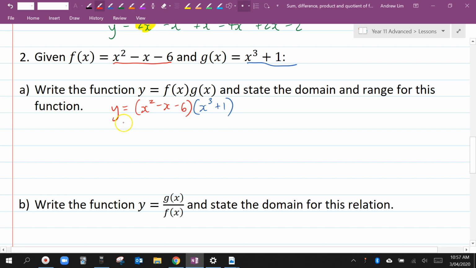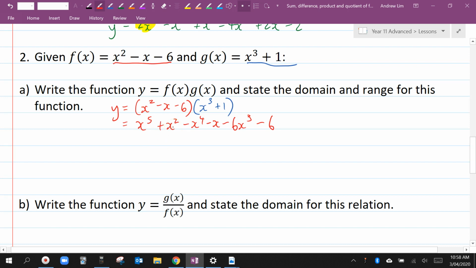So, when we multiply through, we'll get x to the power 5 plus x squared minus x to the power 4 minus x minus 6x cubed minus 6. Now if we have a look at all of these, it seems like there's no like terms at all to collect.